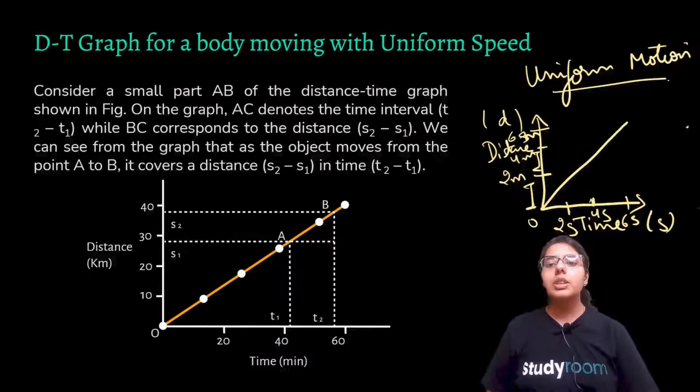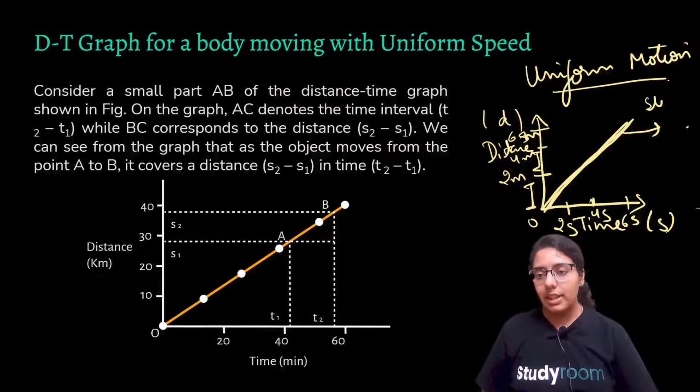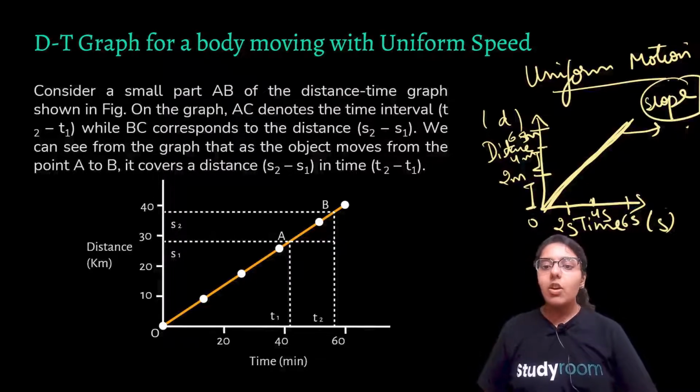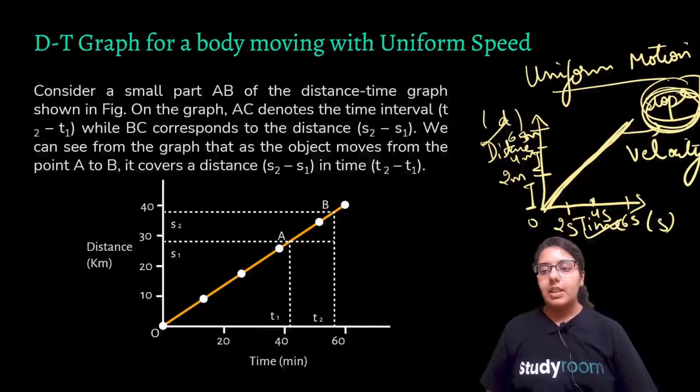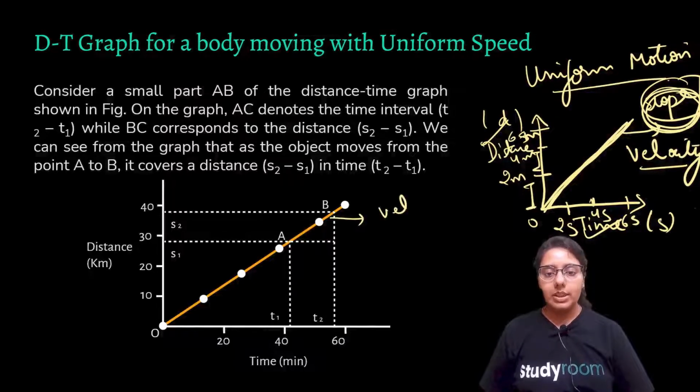It is a uniform motion. So what does this line give us? This line in the graph is known as slope. And when we talk about a distance time graph, this slope gives us velocity.